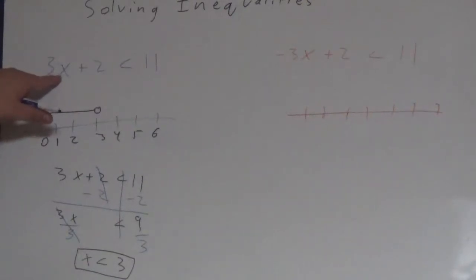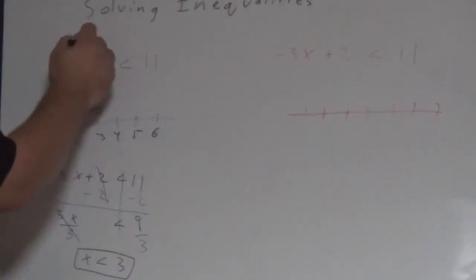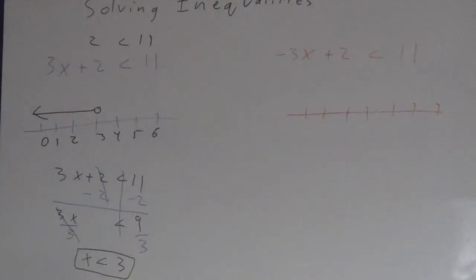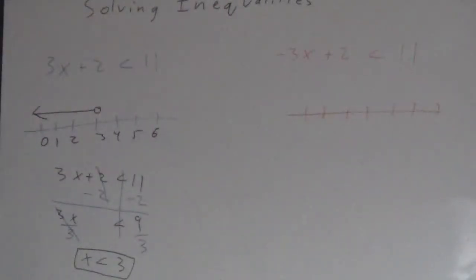So 0 should make a true statement. 3 times 0 is 0, plus 2 is 2. So that would be 0 plus 2, which is 2, less than 11. Well, of course it is, so that makes sense. And the way that we graphed it appears to be correct.